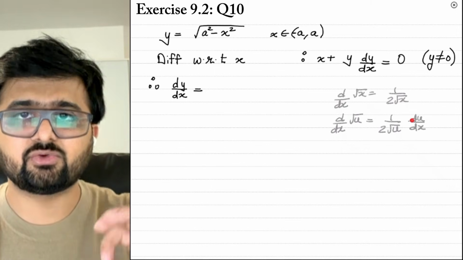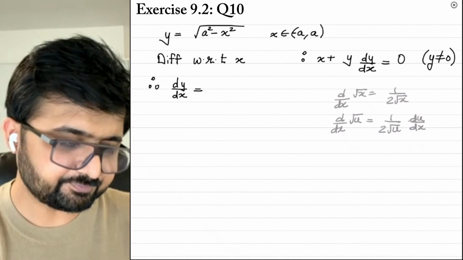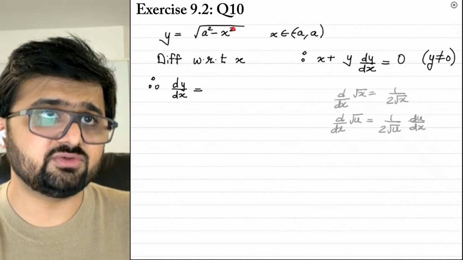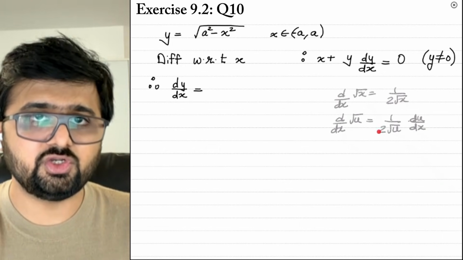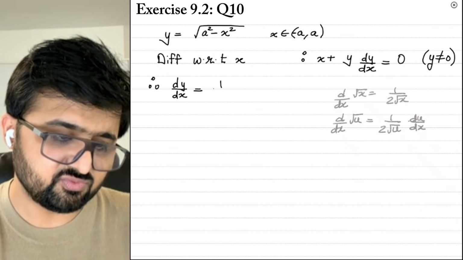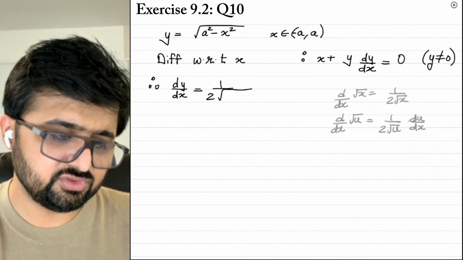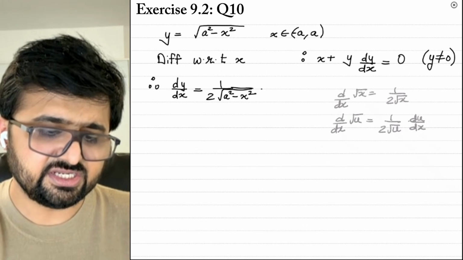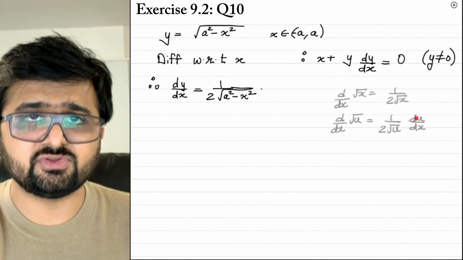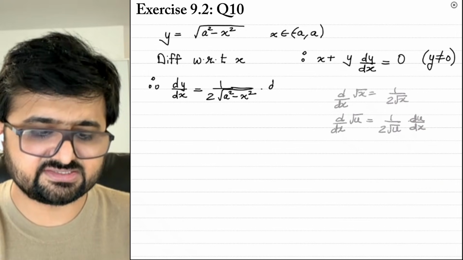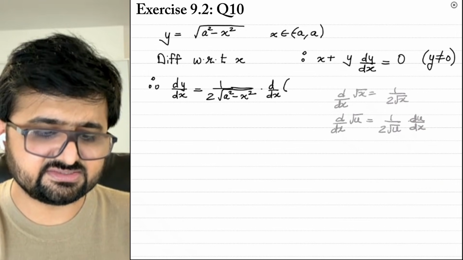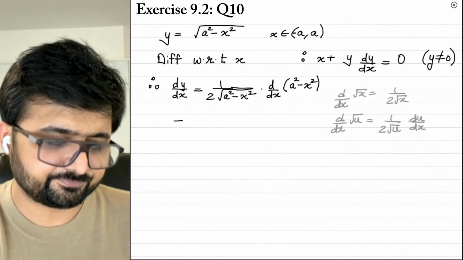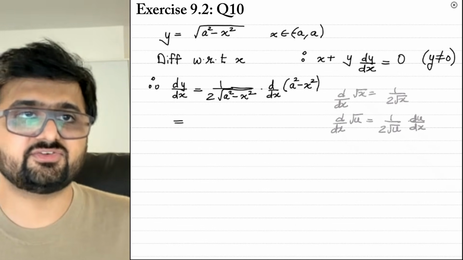Okay, that's the chain rule in derivatives. So the derivative of square root of u is 1 upon 2 root u. So 1 upon 2 root a square minus x square into the derivative of u with respect to x. So we get d by dx of a square minus x square. I hope that makes sense so far.